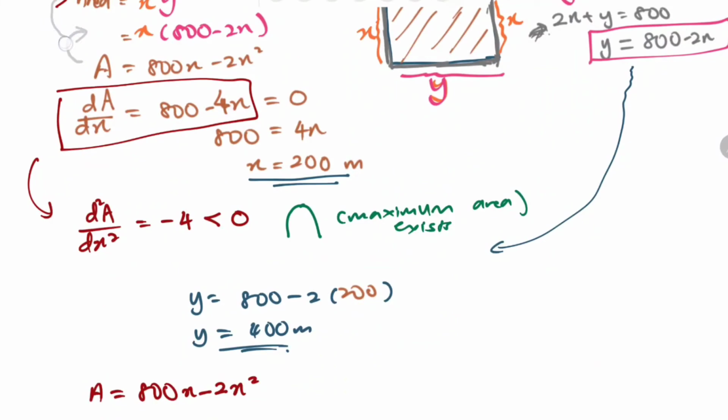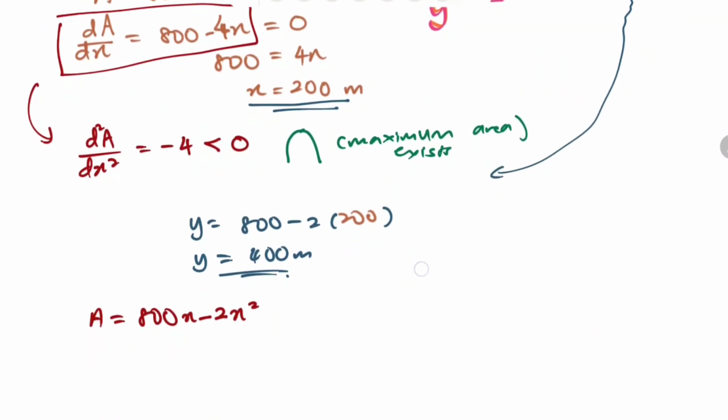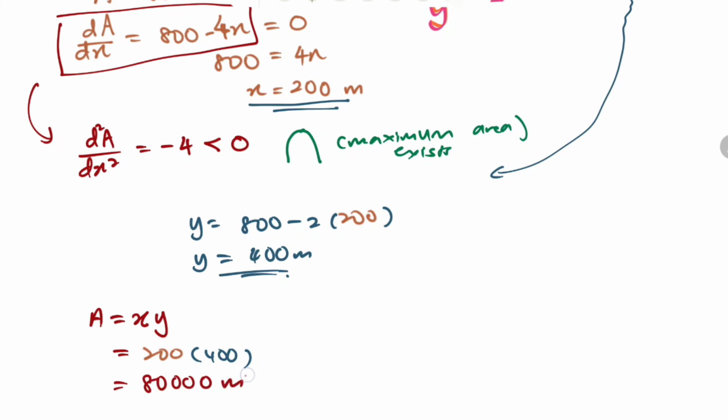So let's say since we already have the value of x and value of y, I don't want to use this function to find the area, so I just use the function A equal to x times y. So my x would be 200 and then multiply with my y value, which is 400, and then the final answer that I get for my area would be 80,000 meters squared because it's area.